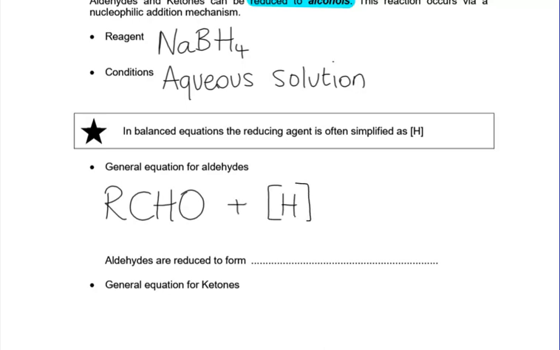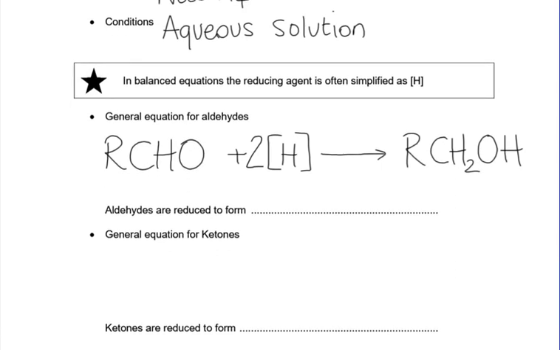So we know we're going to make an alcohol, so we're going to be adding hydrogen across the double bond, one to the carbon and one to the oxygen. So 2 hydrogens in total are being added, so we're going to need to balance that with 2 in front of our reducing agent. Aldehydes are reduced to form primary alcohols.